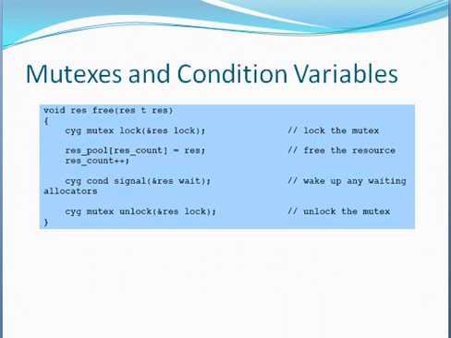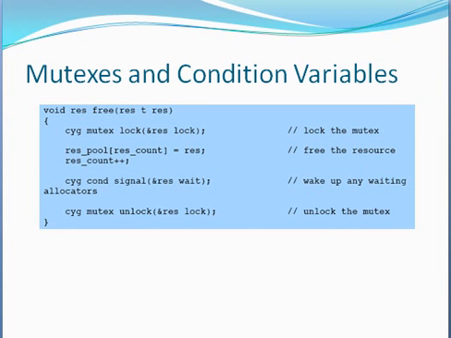These are the basic commands of mutexes and condition variables. Firstly, cyg_cond_wait. This command causes the current thread to wait on the specified condition variable and simultaneously unlocks the mutex attached to the condition variable.